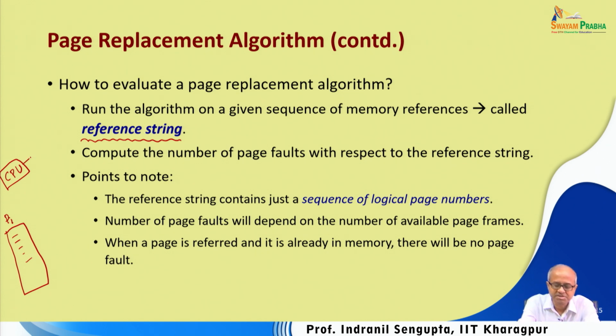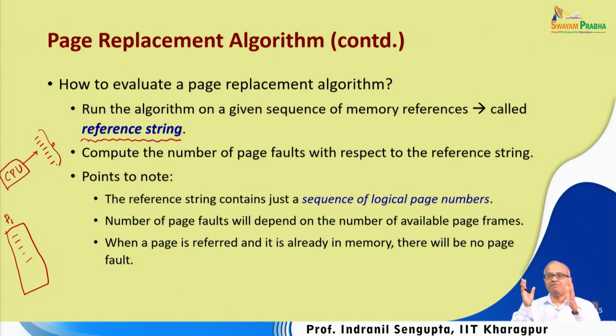So, the CPU will be generating a sequence of memory addresses during the execution, and this sequence of memory addresses translates to a sequence of pages that are being referenced. So, that sequence of pages that are being referenced is basically the reference string of the program.